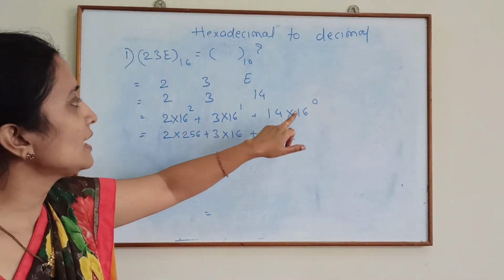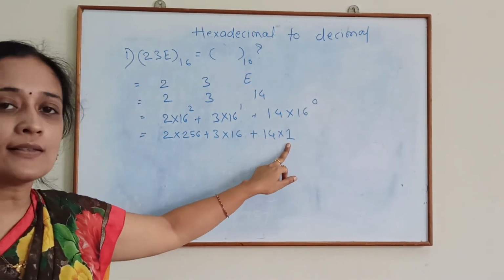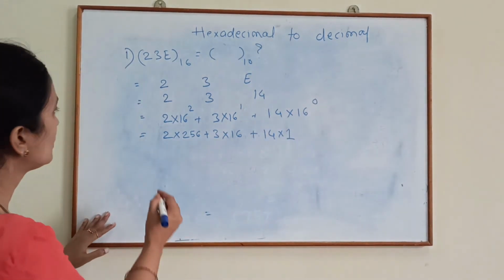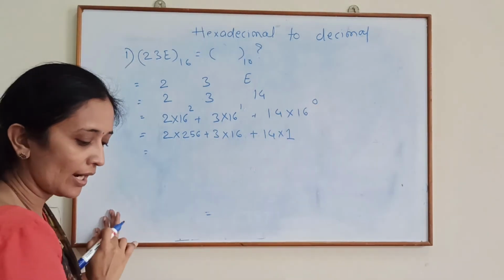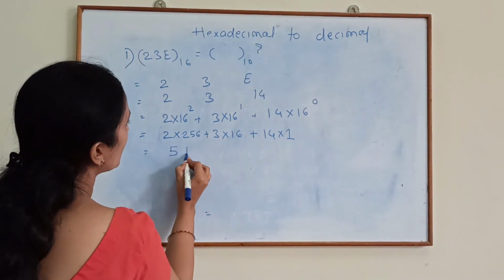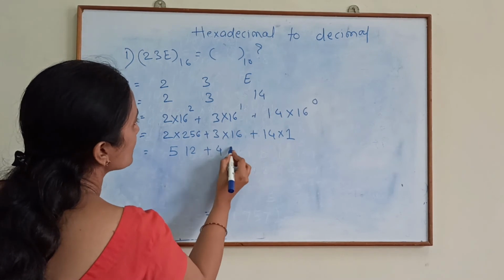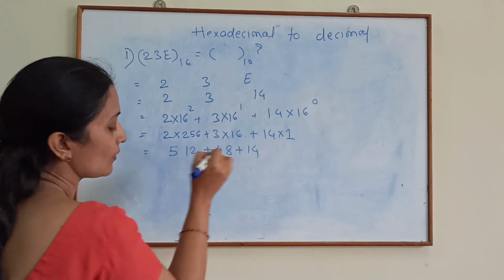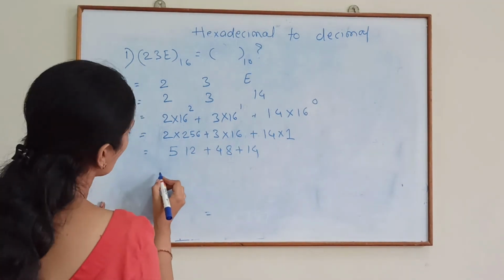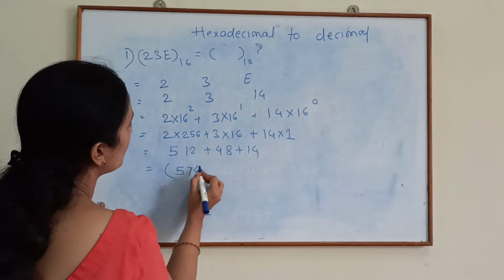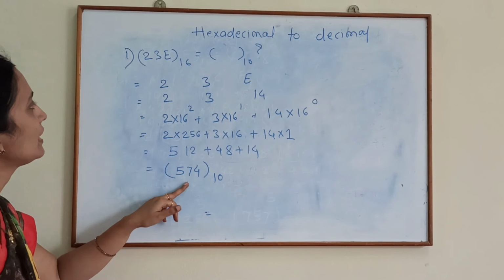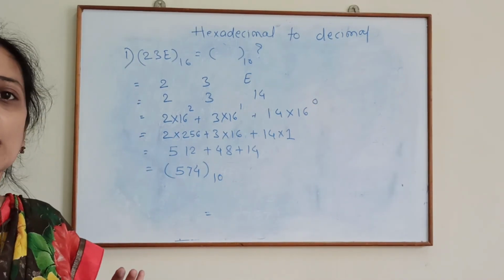Don't forget, any number raised to 0 is 1. Therefore, we can write like this. If you multiply 256 by 2, you will get 512 plus 48 plus 14. Therefore, the answer is 574. This is the decimal equivalent of the hexadecimal number.